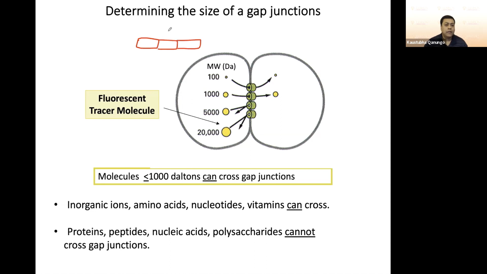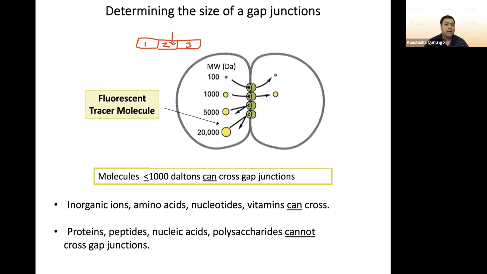Now this is your number 1, this is your number 2, this is your number 3 cell. I inject a dye right here into this cell, which I'm telling you is a green fluorescence protein dye, a fluorescent tracer molecule.